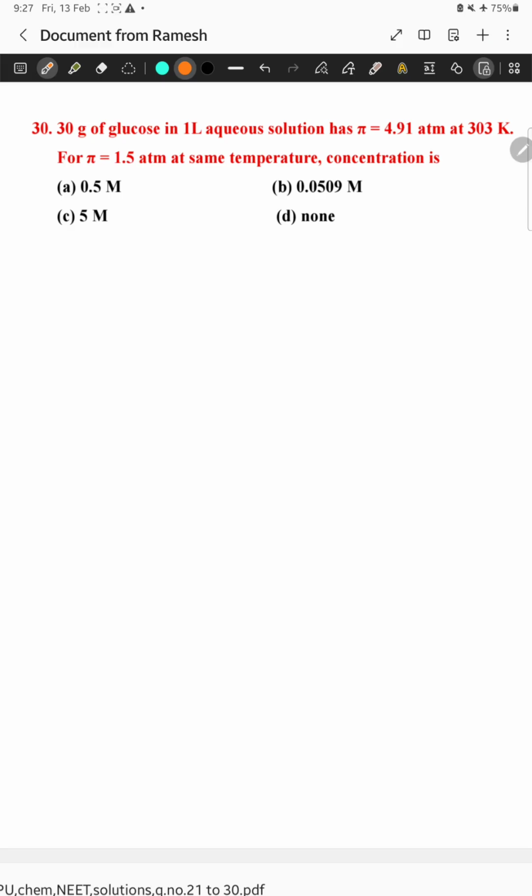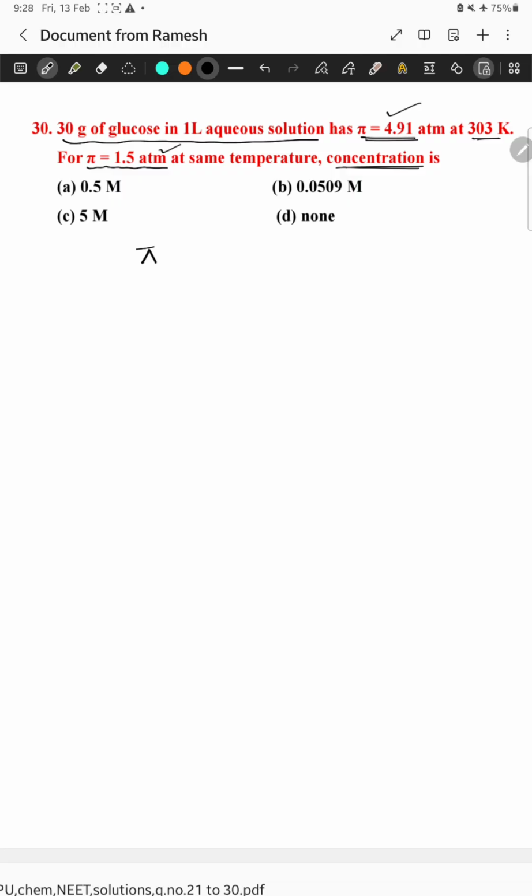So read question number 30. 30 gram of glucose in 1 liter of aqueous solution has osmotic pressure 4.9 atm at 303 Kelvin. Another osmotic pressure is given as 1.5 atm at the same temperature. They are asking the concentration.